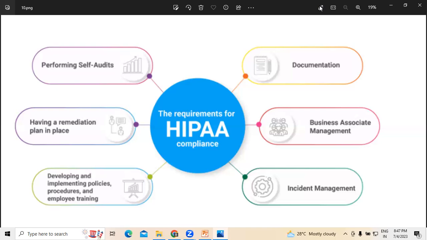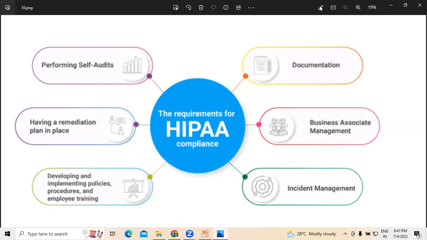Even though they are in the healthcare segment, they follow CMM level standards to manage their business activities and functionalities within the organization.